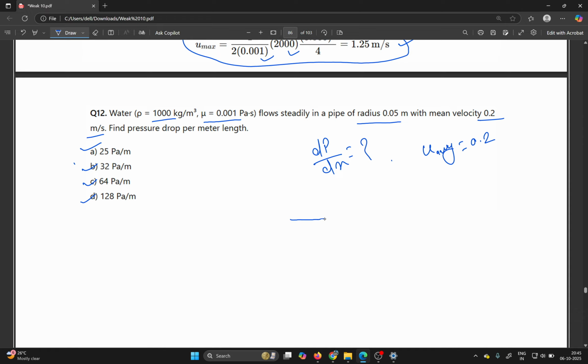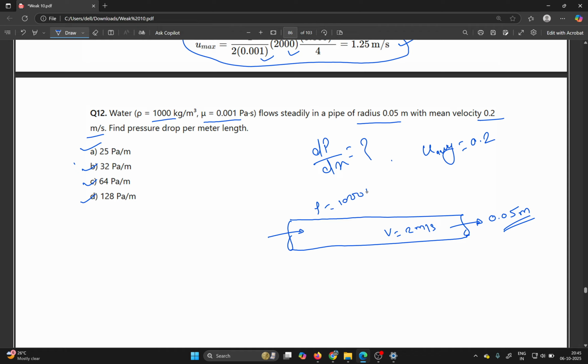Which option will be correct? Means you have one pipe with radius 0.05 meter, and the velocity in the pipe is 0.2 meter per second, and rho is given as 1000 kg per meter cube, and mu is given as 0.001 pascal second.